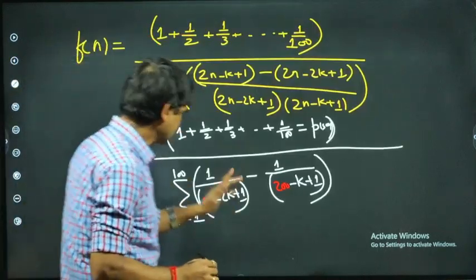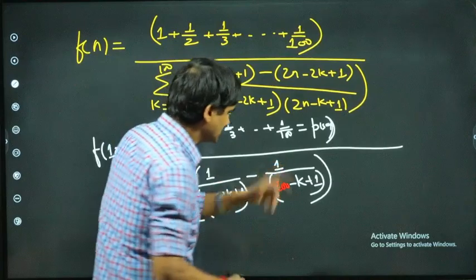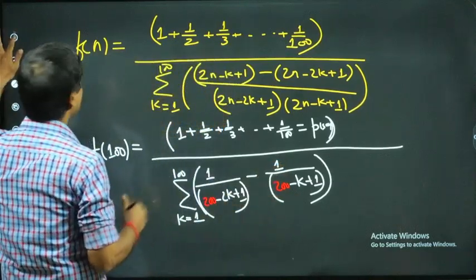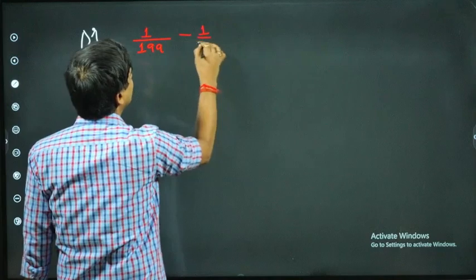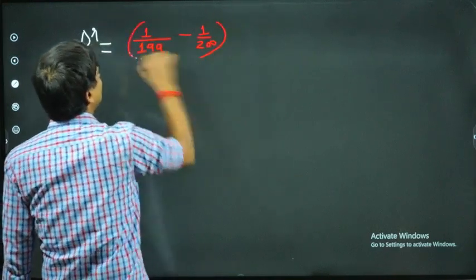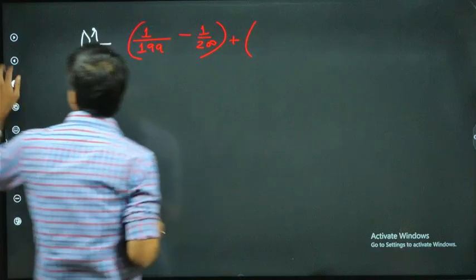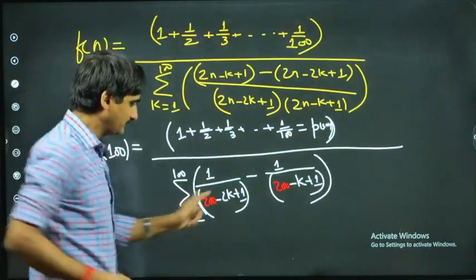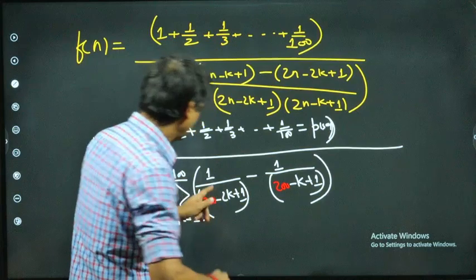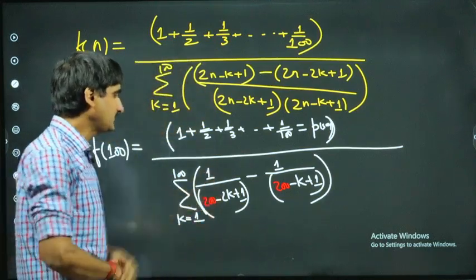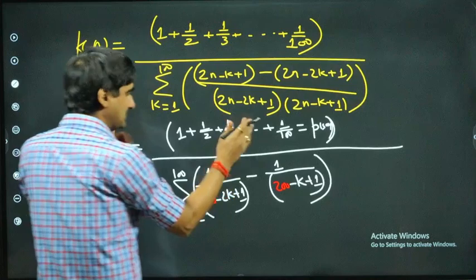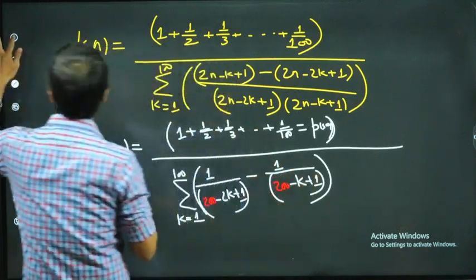So 200 minus 2, 198, and this is nothing but 1 by 200 minus 1 by 200. Similarly, the next one, when we put k as 2, will be 200 minus 4, so it will be 197, and in that case 199.